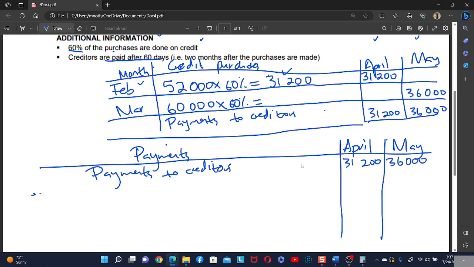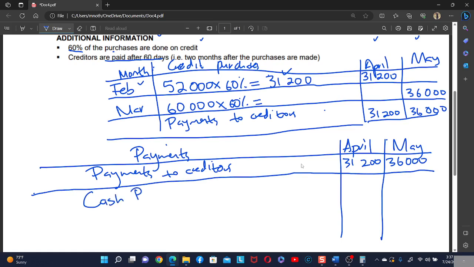Now, what about the cash purchases? The cash purchases also go under the payments in the cash budget. Remember, the cash budget deals with cash, so the cash purchases involve the movement of cash.